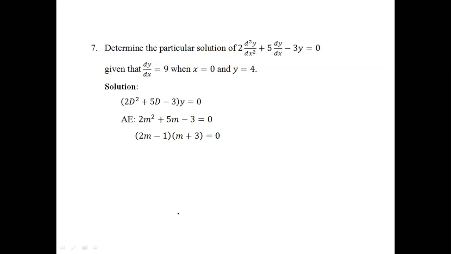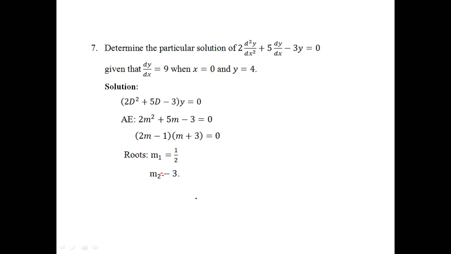Factorizing that auxiliary equation, which is quadratic in nature, we'll get the roots m1 equals half and m2 equals, how do I forget to put an equal sign again? All right, it's supposed to be an equal sign there. So m2 equals negative 3.